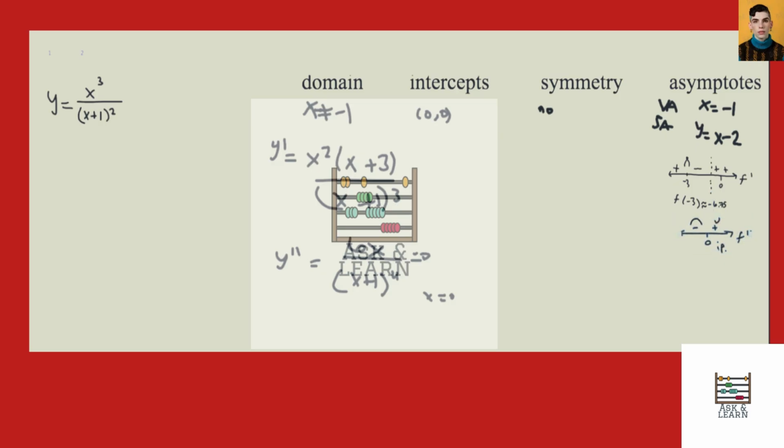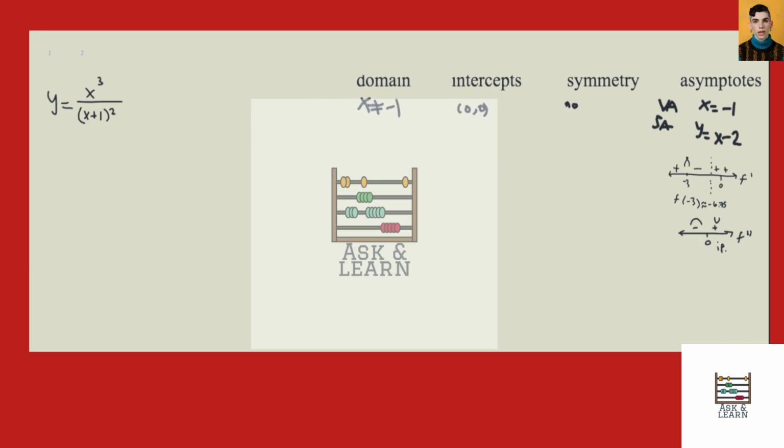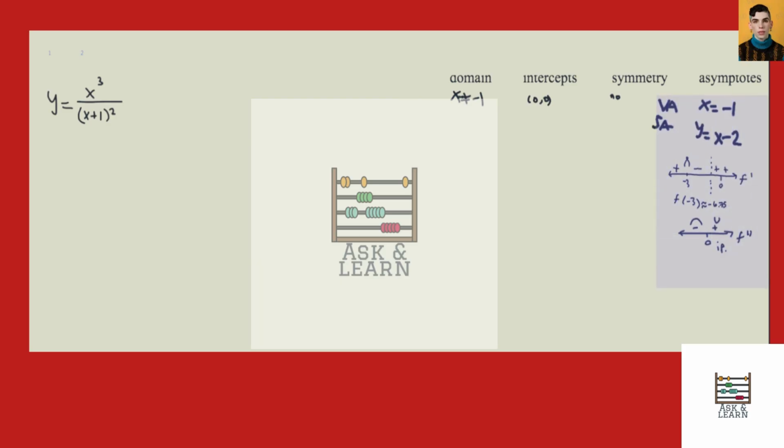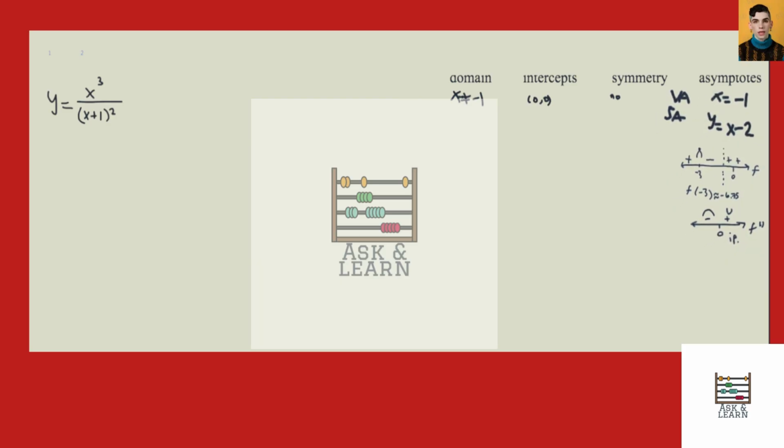I made this really small because this graph is going to take up some space. All right, let's make some more room. All right, this is our original function. Let's move that over here. I'll circle in red or in blue our original function.